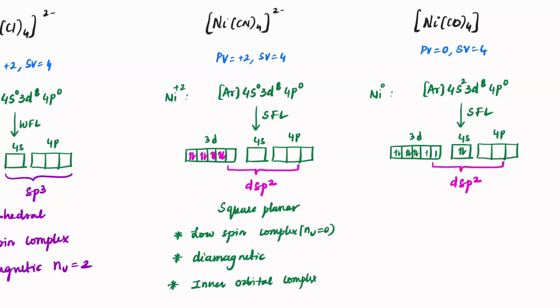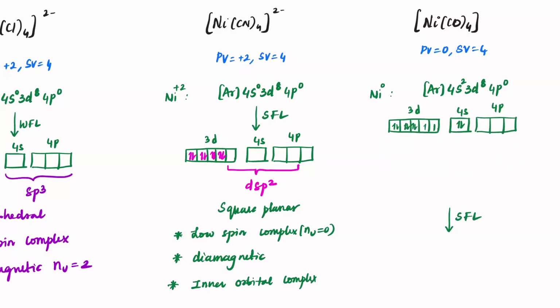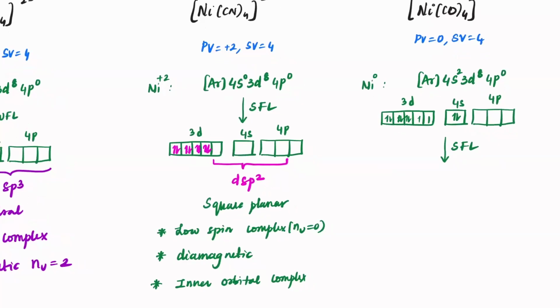Since this is the original condition, what would happen now? As soon as the strong field ligands approach, the 4s electrons will also get migrated, everybody. So how does it migrate? 4s will start migrating one electron here and one electron here.